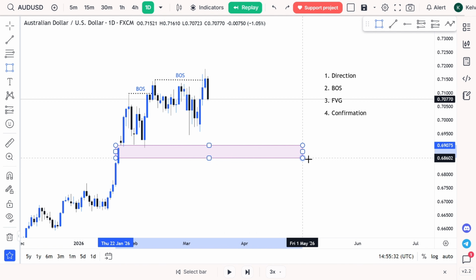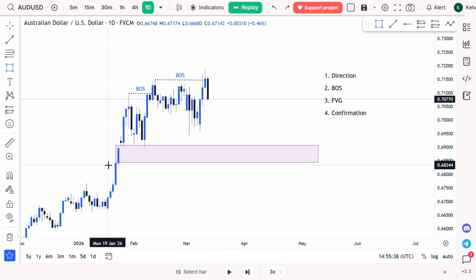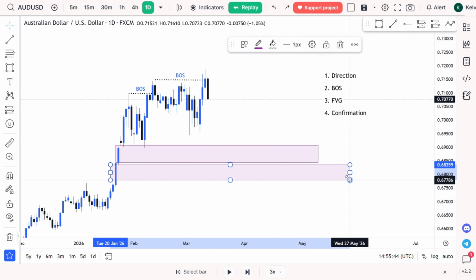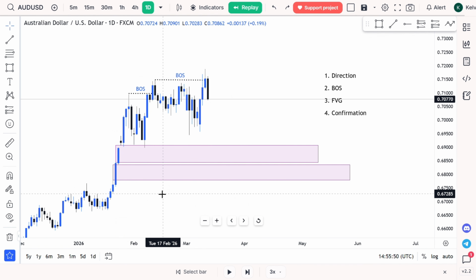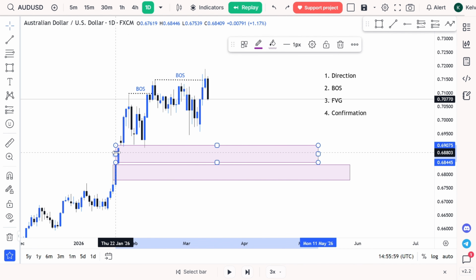What you need to note about fair value gaps, if you want to have a clear mitigation of a fair value gap, is that the price should at least come into the 50% level of that fair value gap, so that you can have a very good reaction from it. So we have this first fair value gap, which the price tapped into, but we don't have a clear fair value gap mitigation.